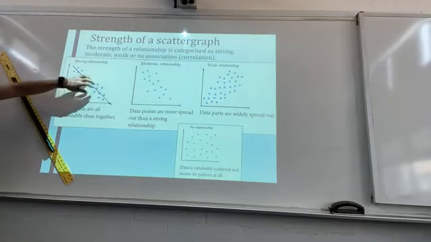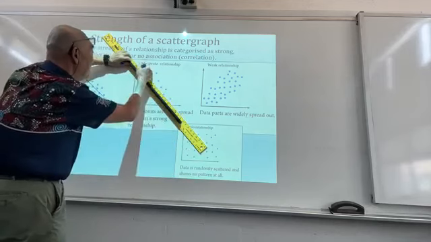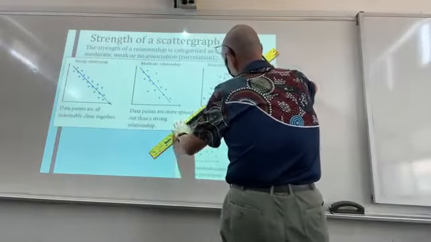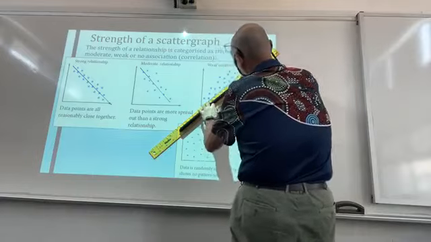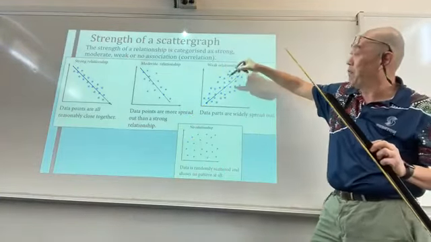The data is scattered everywhere, but it's pretty much close to the line. All right? Here, the distance from the line is a little bit further apart. And the weak relationship, here you can more or less fit a line in, but you can see that the distance is so far apart.